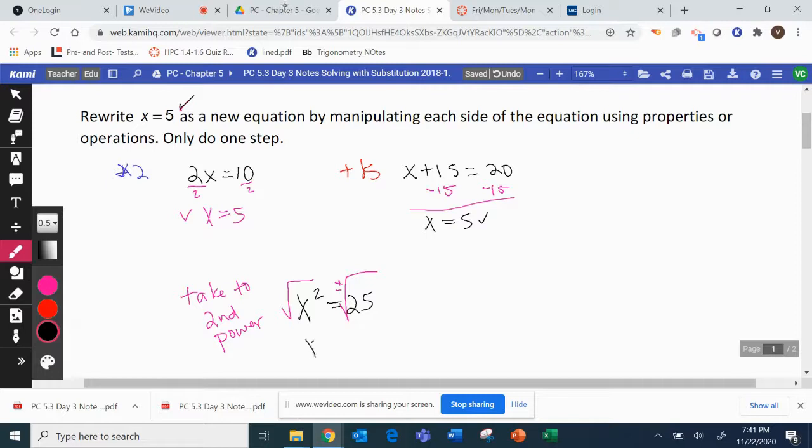So for this one, I get x equals plus minus 5. I get two answers. The original question is only positive 5. So one of these is an extraneous solution.